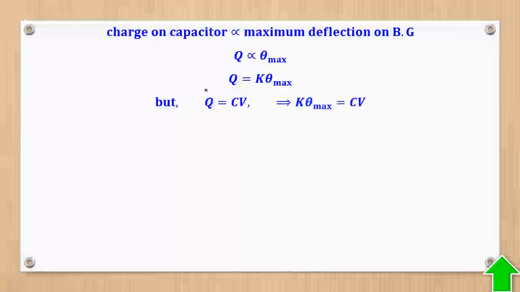So Q is equal to K theta, but we know that Q is equal to C times V. And a good thing, we know the value of C, the capacitance of the capacitor, and we know the PD supply. So I can substitute where there is Q to come up with this expression. I know this, I know this, I know this, so I can make K the subject. That is what we call calibrating a ballistic galvanometer, for you to be able to know the charge sensitivity.